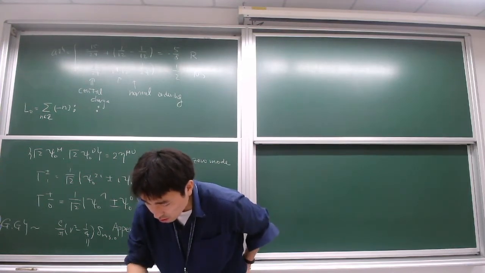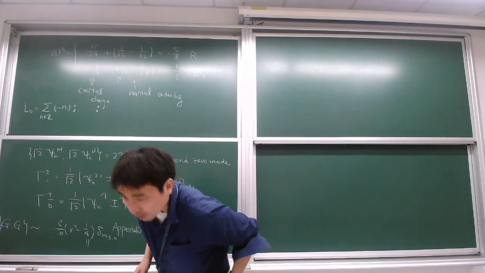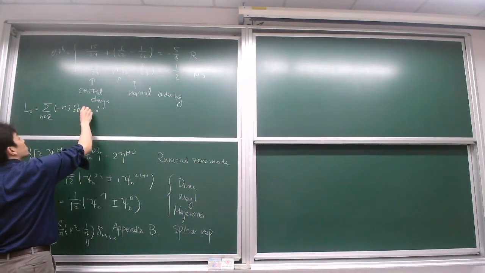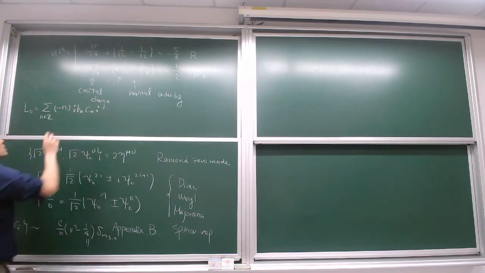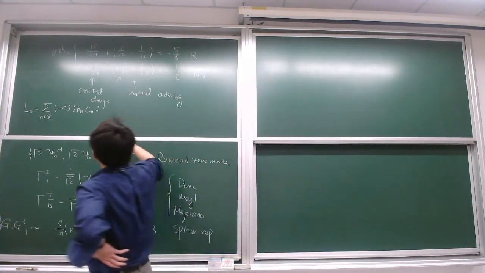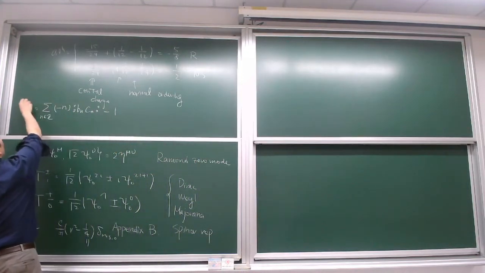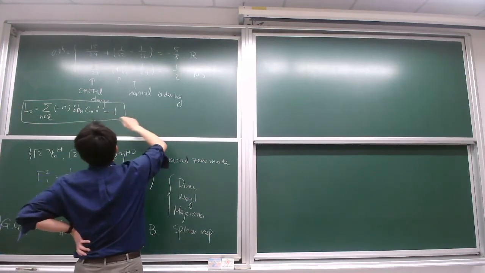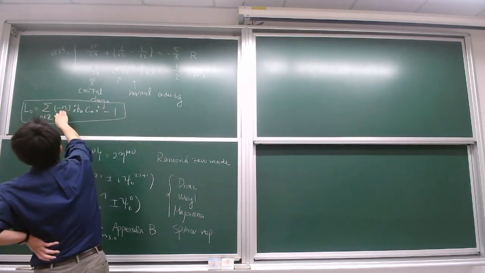So, okay, this is correct. So b n and c minus n. So this is correct. L0, and then plus some normal ordering constant, minus 1 as far as I remember. Yeah, minus 1. Okay. And this 1 over 12 really comes from normal ordering coming from minus n.